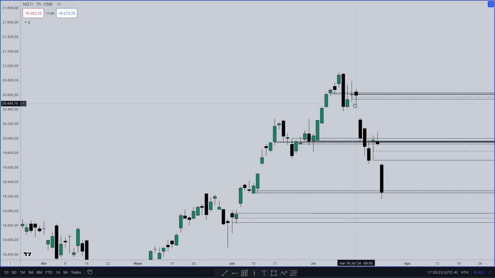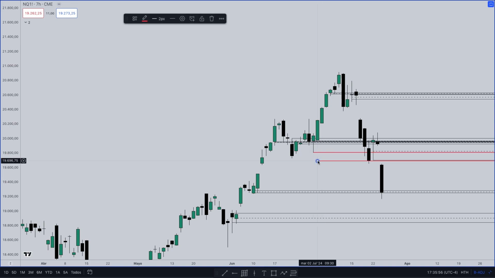So if you think this is where we change price delivery on the previous week. This is a new week opening gap. We close below this gap and we use it as an area of reaccumulation to take the liquidity below this new week opening gap on regular trading hours. So where is the liquidity? Here, below all lows, and here.